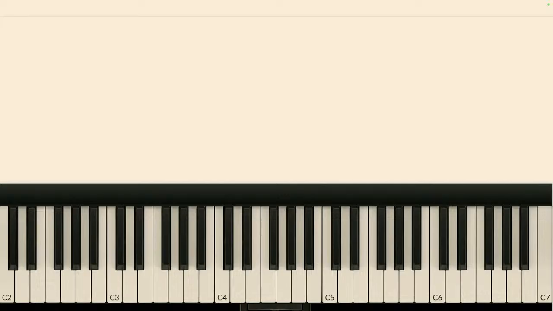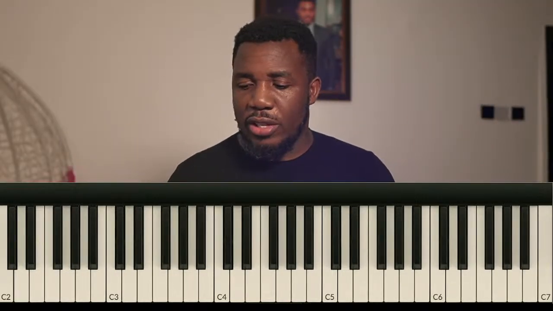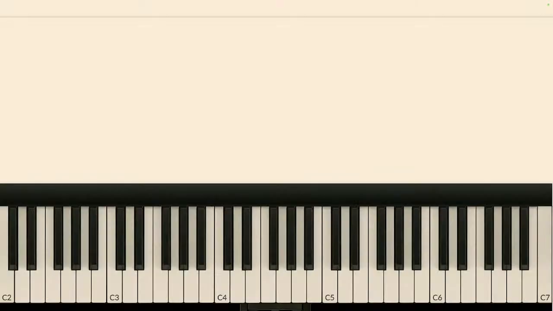And this can also be called the four-tone scale or the four-note scale. So here's your four-note scale. So look at this.